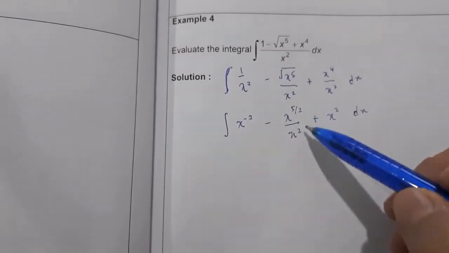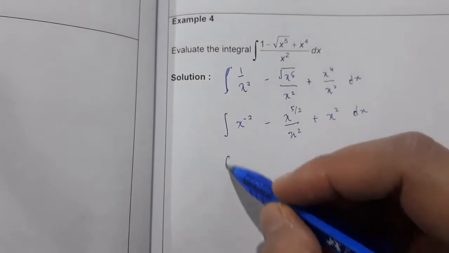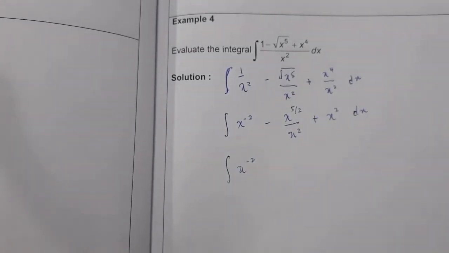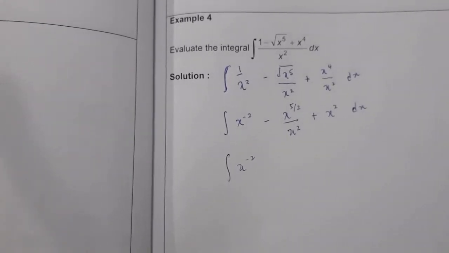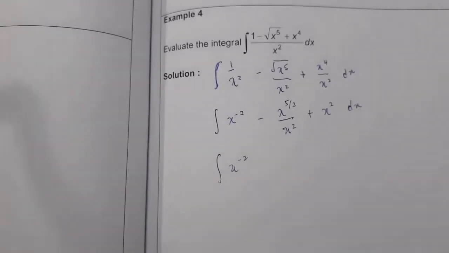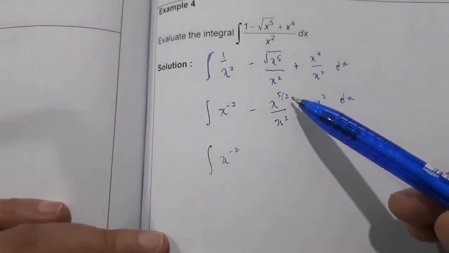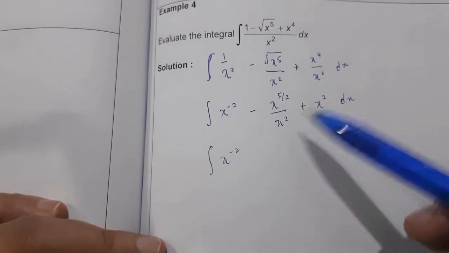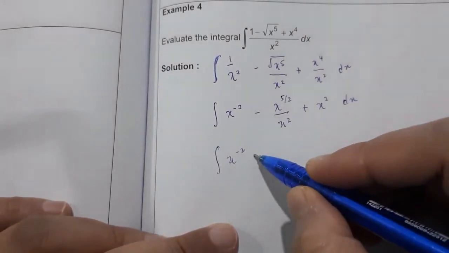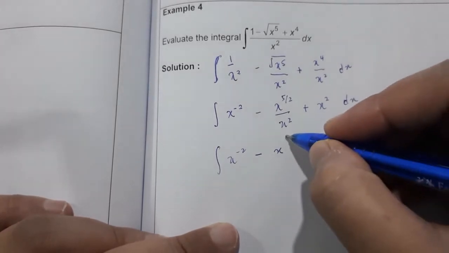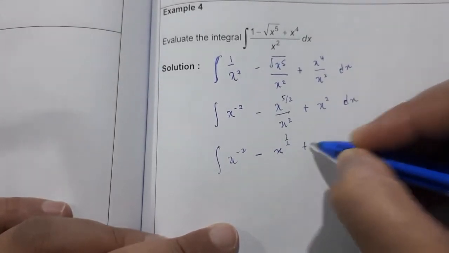We still have to simplify the second term. So 5 over 2 minus 2, we get 1 over 2. So the second term is x power 1 over 2.